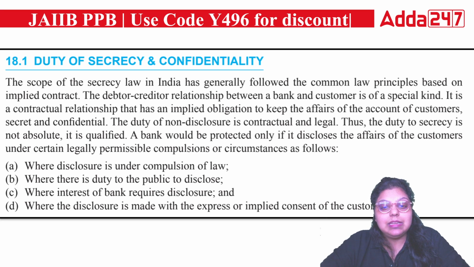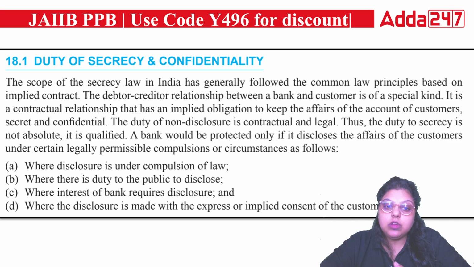There are certain exceptional cases in which a bank can disclose the information of a customer. The first is where the disclosure is under the compulsion of law, like when the court orders you to share the information about a certain customer's account. Second, where there is a duty to the public to disclose. There is a certain responsibility or duty of a bank to let the public know about a transaction.